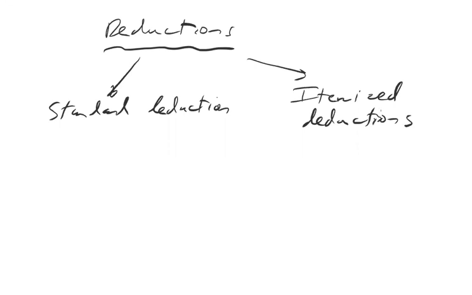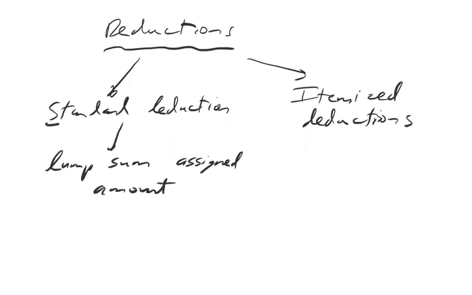And what you want to do is choose the one that's bigger, because then you get more of a deduction. The standard deduction is, again, a lump sum assigned amount.